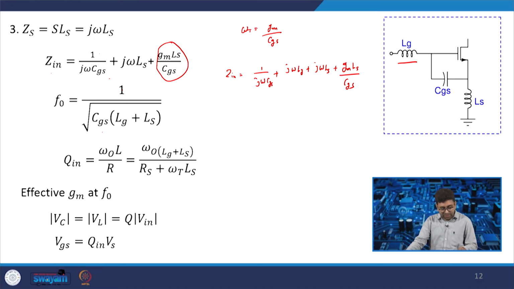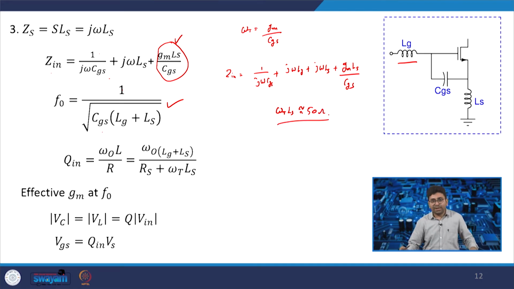So at resonant frequency f naught, we will have a resonance, that is 1 by root of Lg plus Ls into CGS, and at that time you will have input impedance which is resistive, because during the resonance your input impedance is given by omega t Ls. So you need to make omega t into Ls equal to 50 ohm.